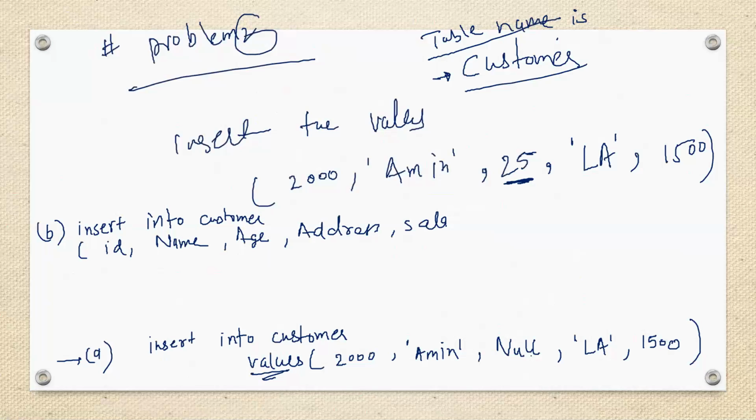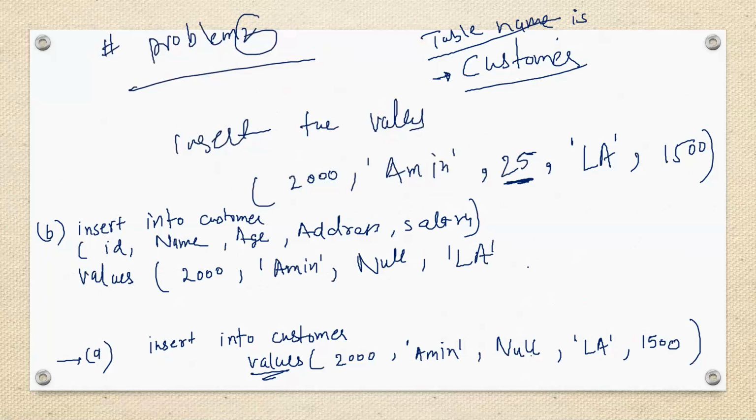And the values will be 2000, Amin. What will be the value of age? Null. The address is Los Angeles and salary is 1500. This is the second way of doing it.